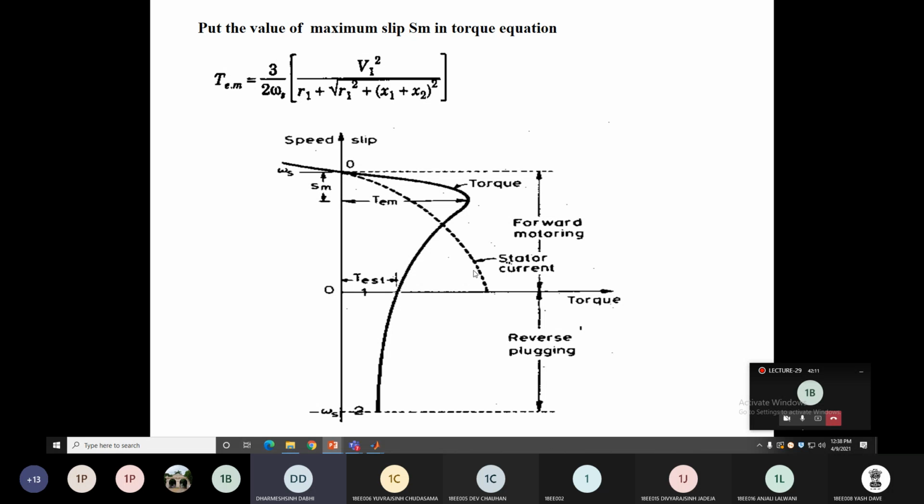Clear? As the stator current is low, the air gap flux remains constant at the starting. But as the slip increases, the stator current increases, so that will increase the flux and change the torque and speed of the induction motor. So this is all about the torque speed characteristic of the induction motor.